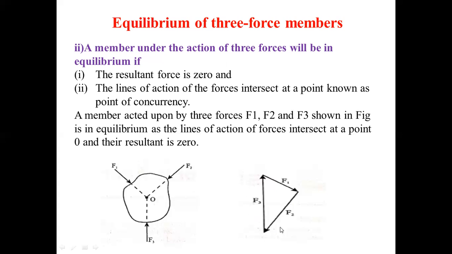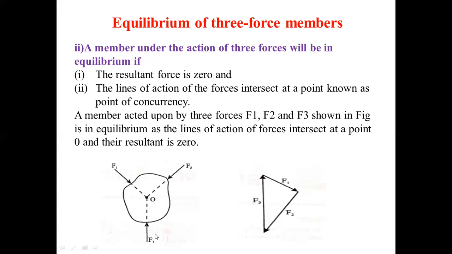A force polygon is drawn to a suitable scale in such a way that the vectors drawn are parallel to the forces acting. That is, the direction of the vector should be the same as the direction of the forces acting on the continuum or body.